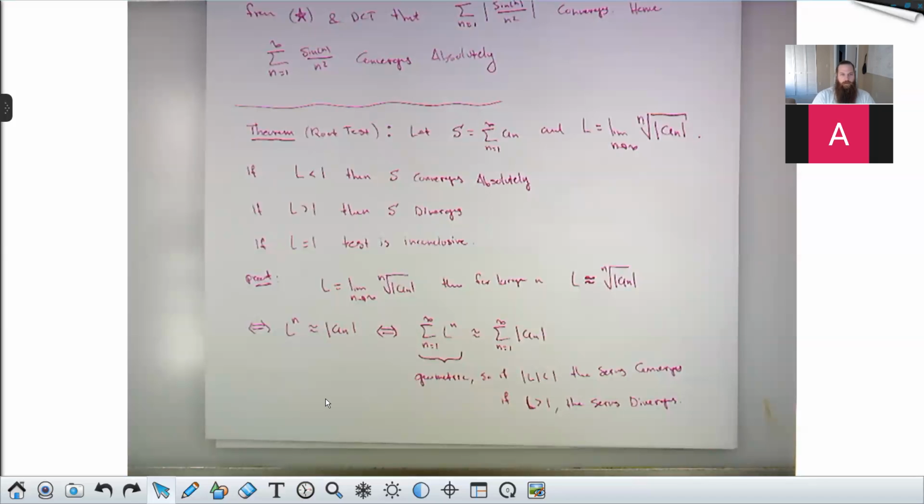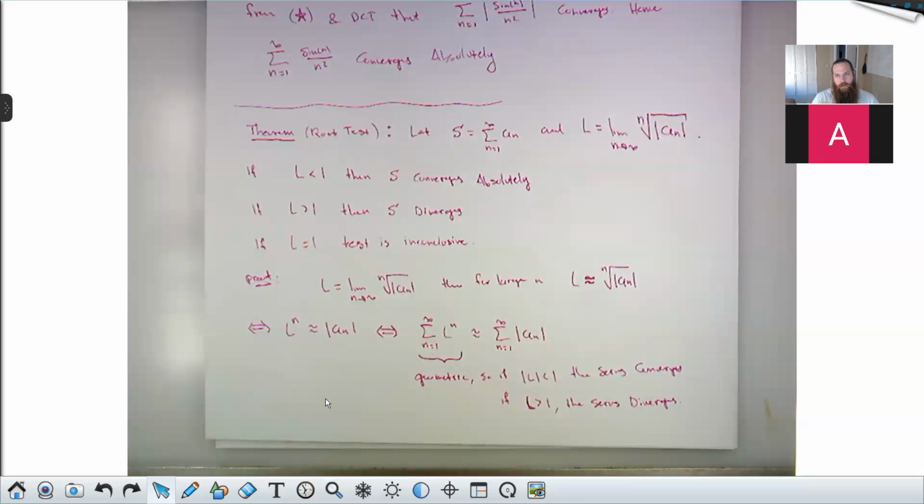The root test is one of these tests that actually makes really good sense, kind of like the direct comparison test, whereas the other tests are a little bit harder to understand. The root test works because the number L that you calculate is the closest thing to a common ratio for a non-geometric series as you can get. That's the way to think of it.